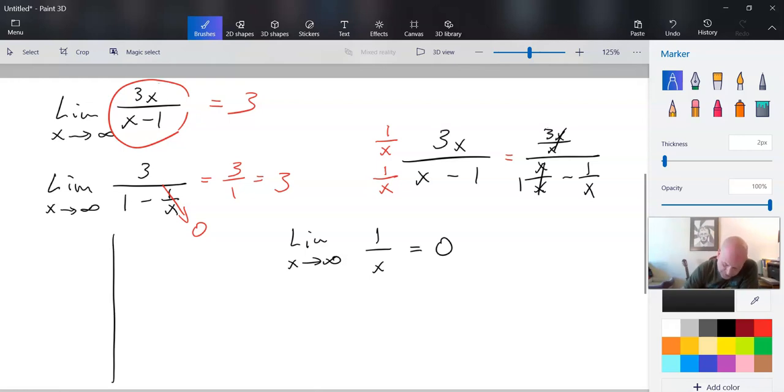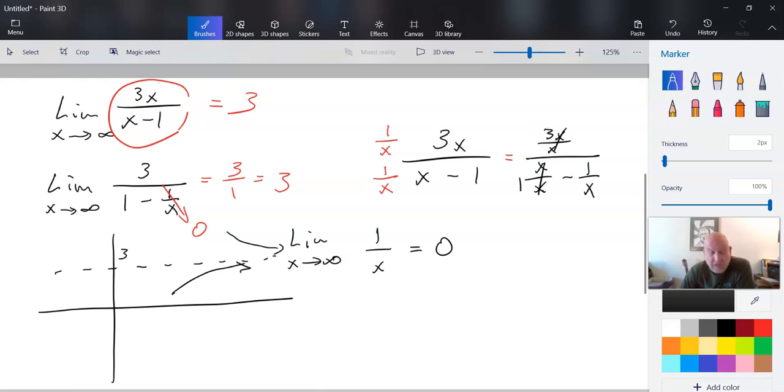So if I were to graph this function, and we would have to plug in values to know exactly what it's doing, but I know I have an asymptote at 3, right? So that means whatever the function is doing, it's either going to approach this value from the top or from the bottom. And I want to mention something else about asymptotes, because a lot of the time there's a misconception.